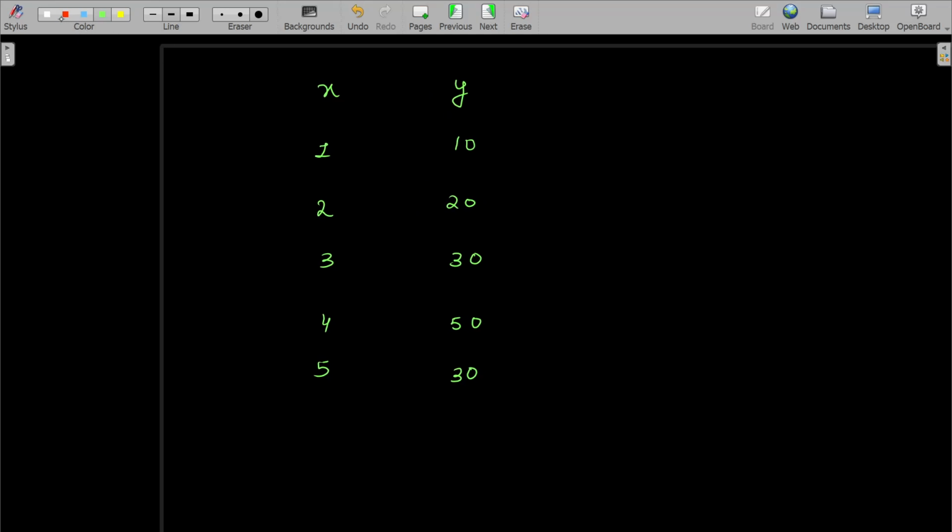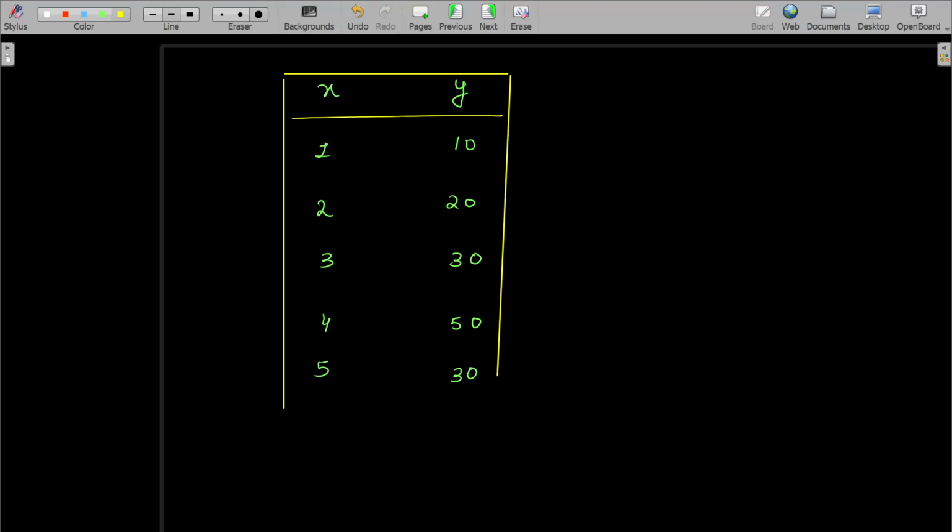Can you tell if this relation is a function or not? No. And why? Because there are two 30s. Two 30s. Okay, but are those two 30s coming from the same x value?